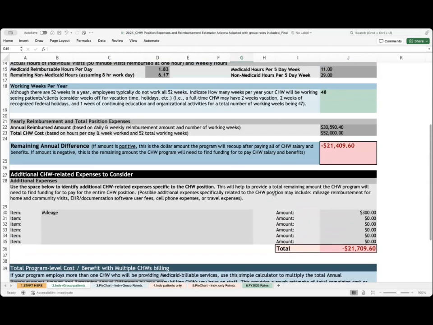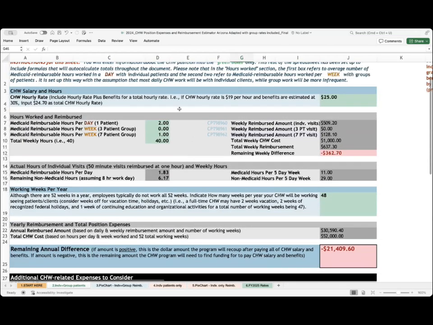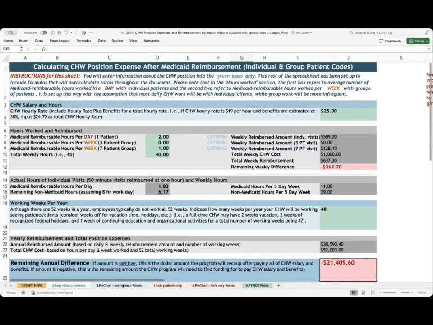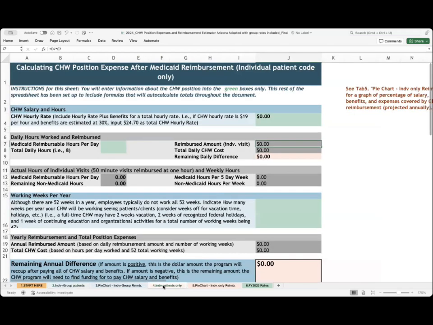So that's everything on this tab for using all 3 codes. And then I won't go through in detail our individual patients only, our pink tabs 4 and 5, because they work exactly the same way. We have our green box for putting in the hourly rate plus the benefits cost.